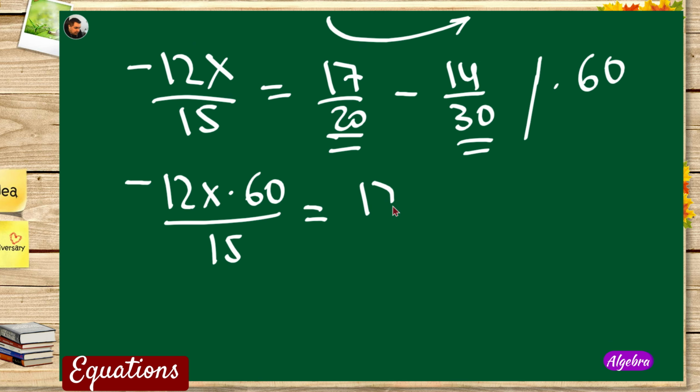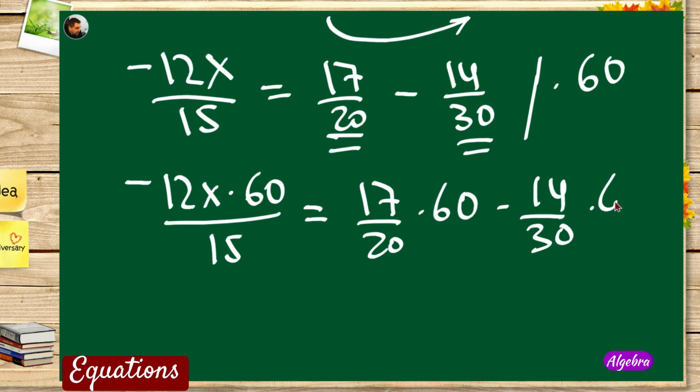17/20 minus 14 divided by 30 multiplied by 60. That's what it's going to be. So basically here we're going to divide 60 by 15. 60 by 15 is going to be what? 4, right?